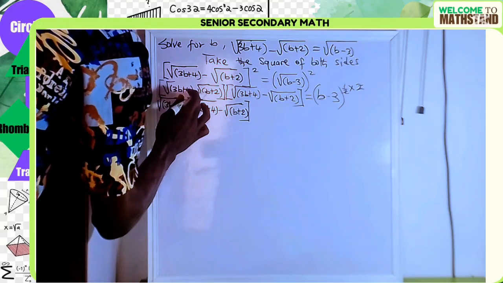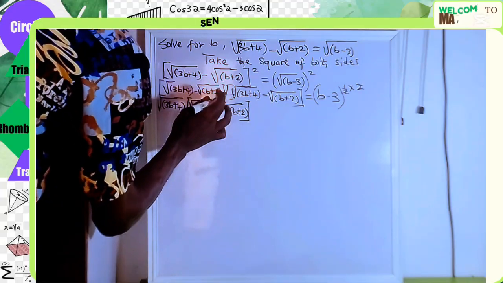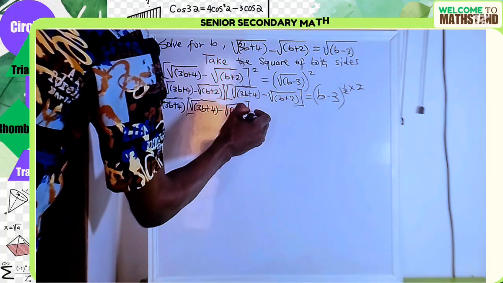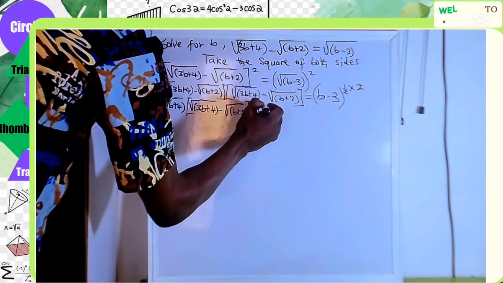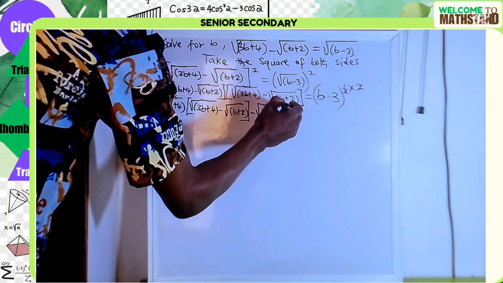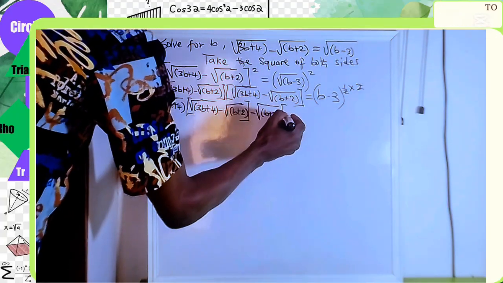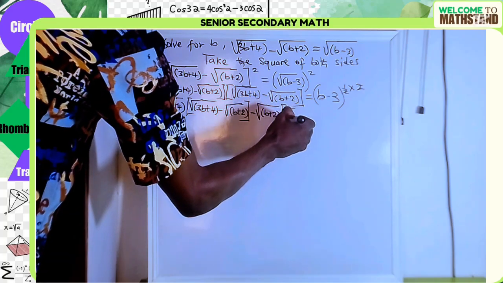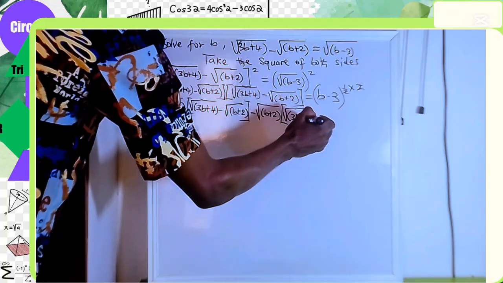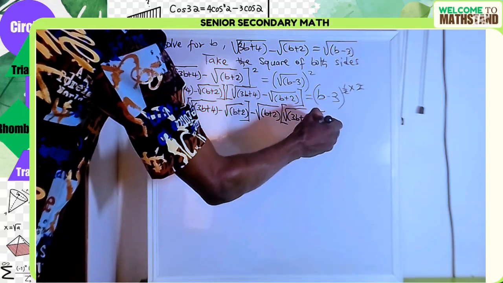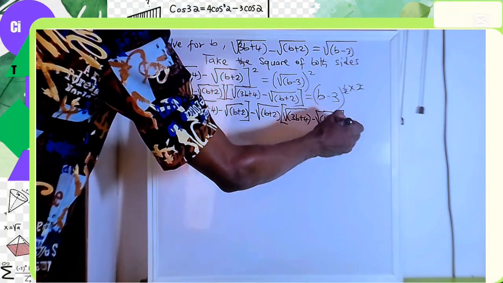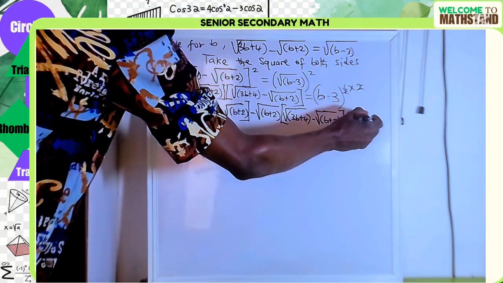Now the second one will also be used to multiply everything here. So let's write down the second one. Start with minus, so you bring the minus before it, and then you have square root of b plus 2, then open parentheses to cover all this: square root of 3b plus 4 minus square root of b plus 2. Close it down, equals b minus 3.